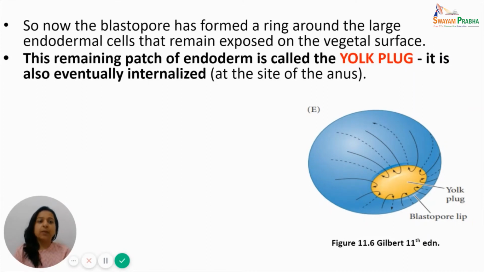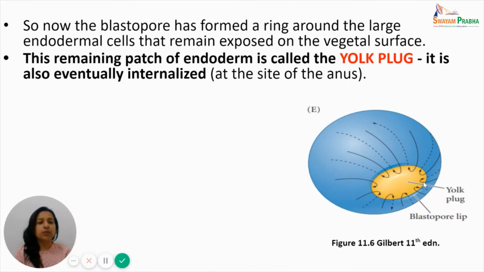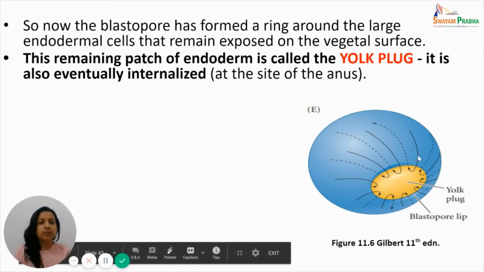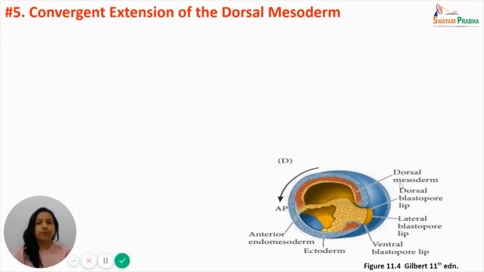By this time, most of the endodermal cells have moved to the inside of the embryo. There is only a small patch of endodermal cells left on the outside, surrounded by blastoporal lips on all the sides. And this patch of endodermal cells which is visible through the blastopore lip is known as the yolk plug. And eventually, as gastrulation proceeds, the ectoderm will internalize the whole of this endoderm also.